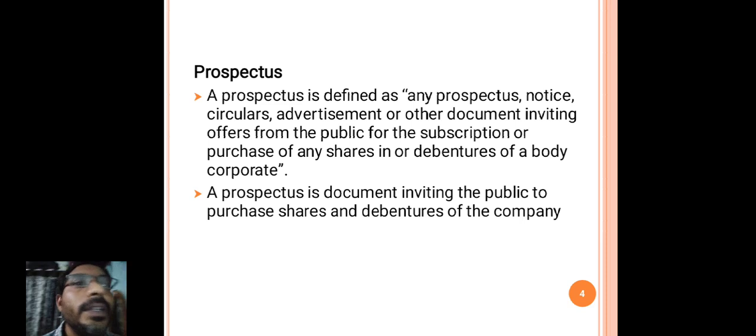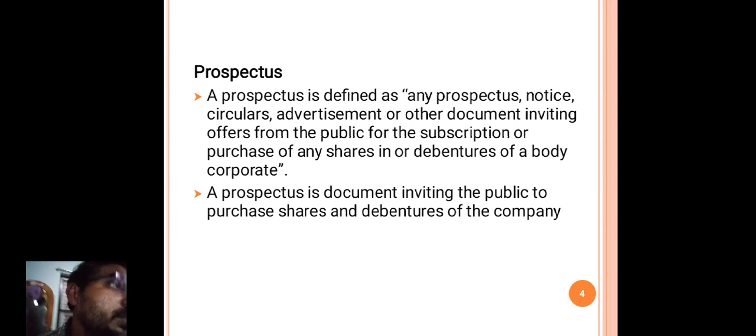And there is another concept, that is the statement in lieu of prospectus, which is similar to a prospectus. A company that has not issued a prospectus may issue a statement in lieu of prospectus. Almost all the details which are available in the prospectus are available in the statement in lieu of prospectus, that is names of directors, shareholders, capital, bank details, directors' qualifications, legal advisors, and so on.